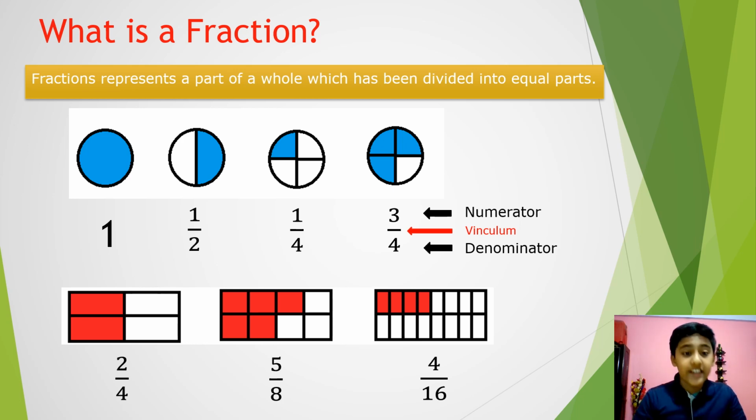The next one is partitioned into 2 parts and one of it is shaded. The next one is divided into 4 equal parts and only one of them is shaded. Lastly, we can see that there are 4 equal parts and only 3 are shaded.